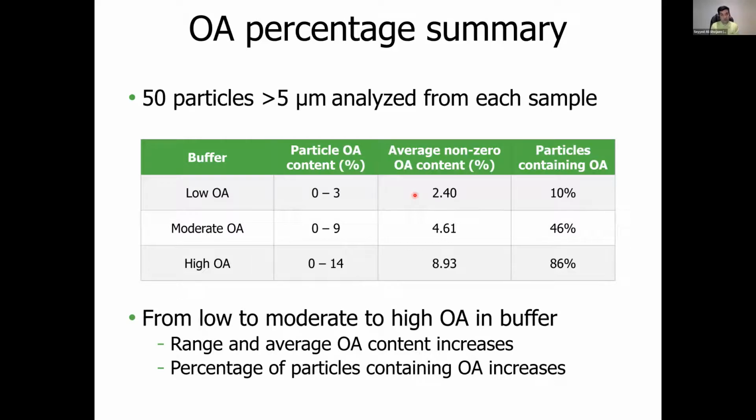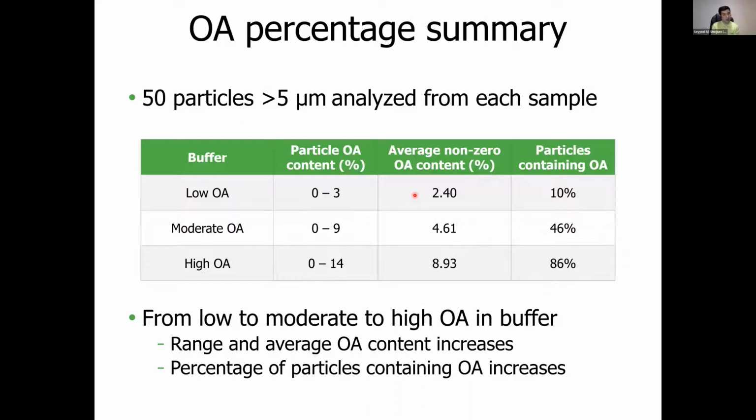And for the particles that actually have OA in them, the average OA content jumps from 2.4% in low OA content to almost 9% in high OA content. And also, the number of particles that had OA, or oleic acid, in them goes from 10% in low OA content to over 86% in high OA content.